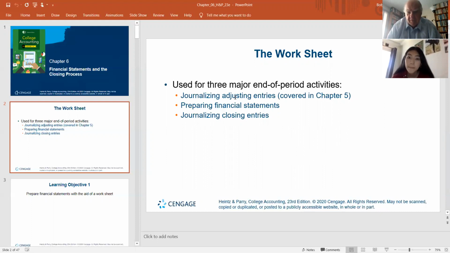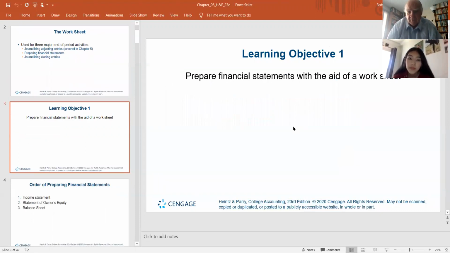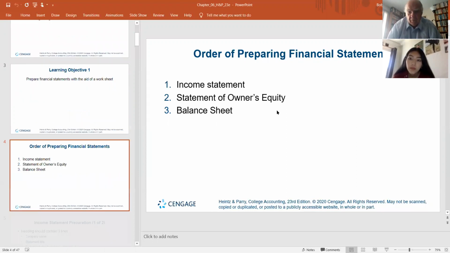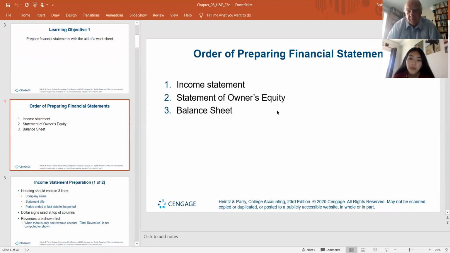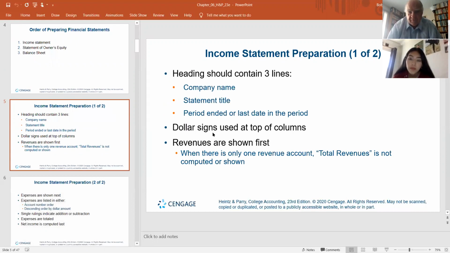Then when we've prepared those entries, we can start doing the financial statements and close. So they're going to present to us a worksheet here. And they're reminding us of the order of the financial statements: income statement, equity, balance sheet.